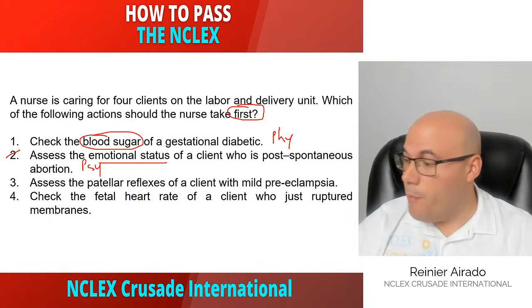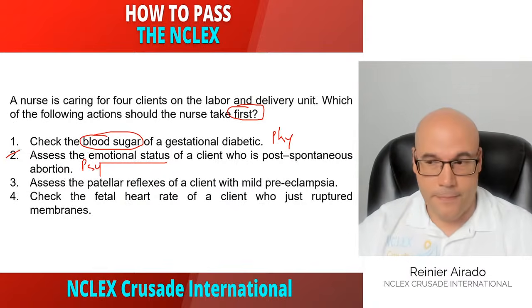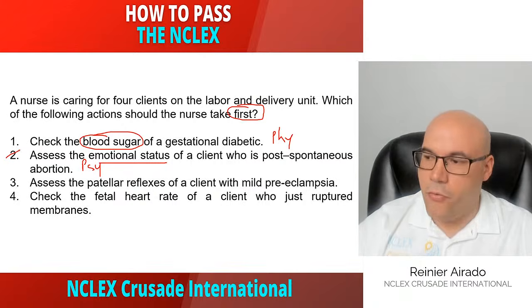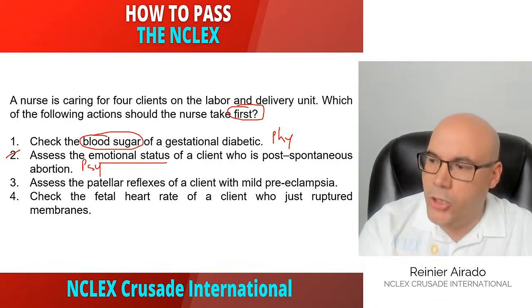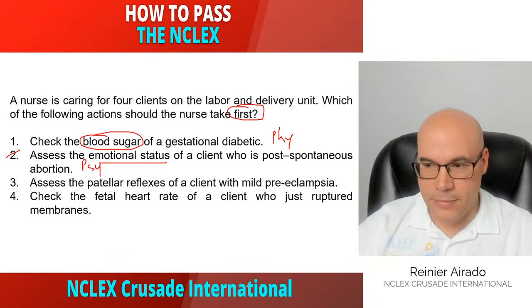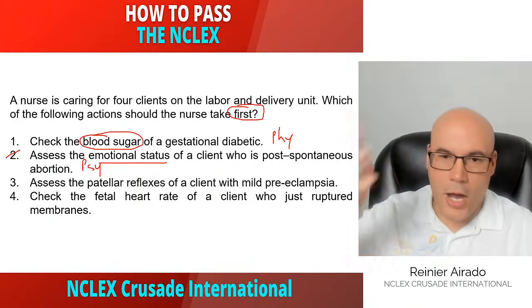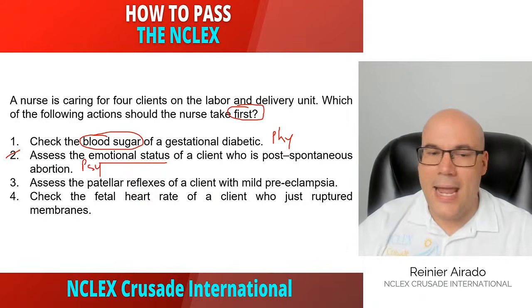Now, let's compare answer number 1 and answer number 3. It says, assess the patellar reflexes of a client with mild preeclampsia. So now we have 2 diagnoses, 1, gestational diabetes, and 3, preeclampsia.